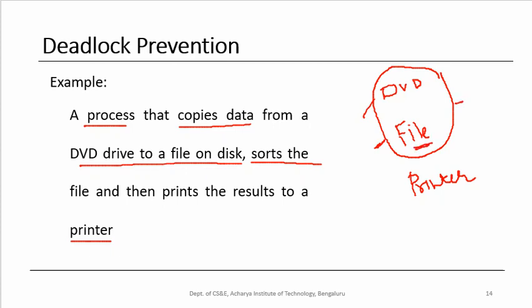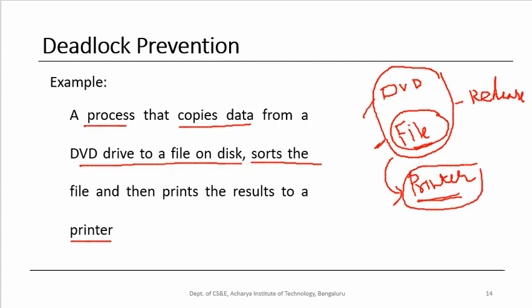Then release these two resources and make the request for the printer. Of course, it cannot make the request for the printer alone. Now again the process has to make the request for the file and the printer, and transfer the contents of the file to the printer for printing.